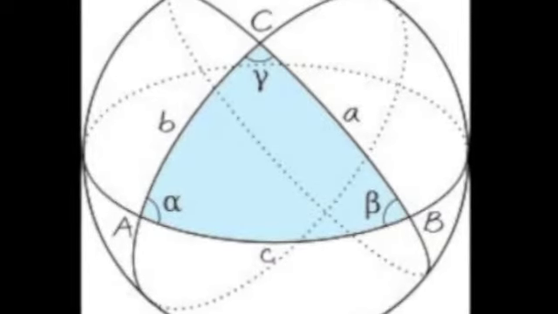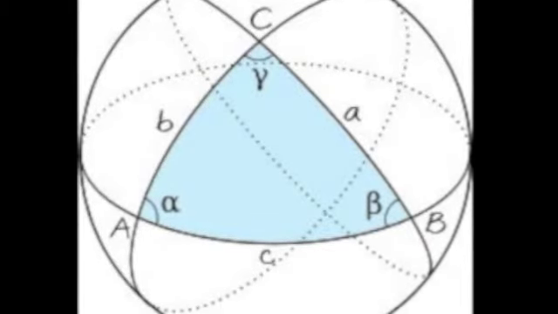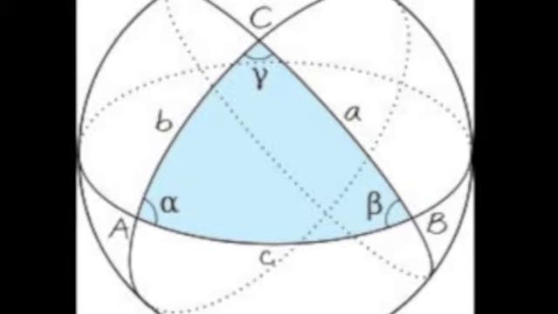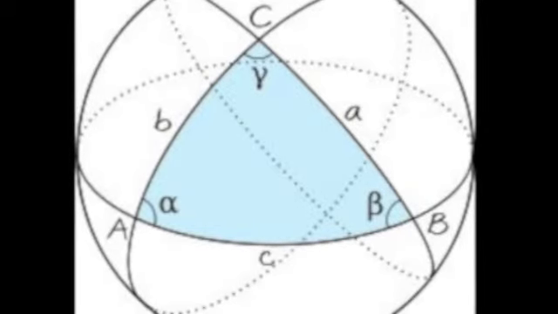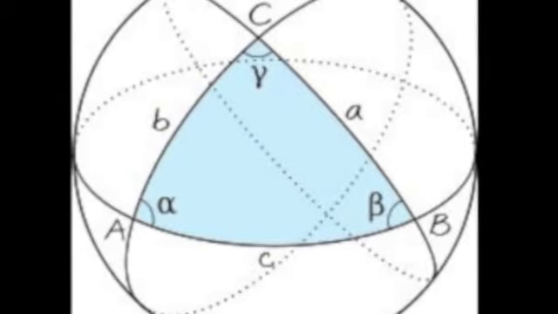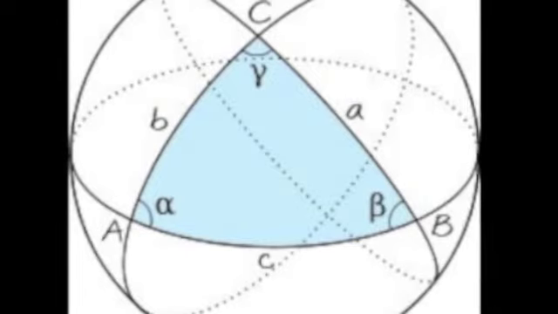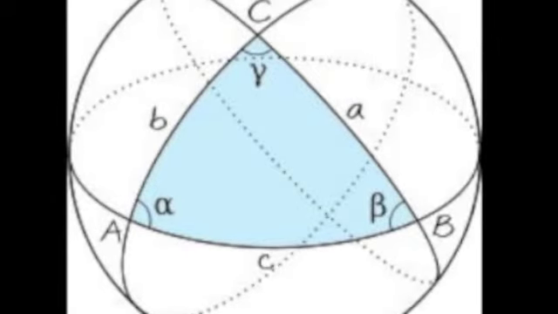Referring back to the previous example of navigation and how it is one of the main uses of spherical geometry, a main application of this is finding the shortest distance around the globe, which is essential for pilots.